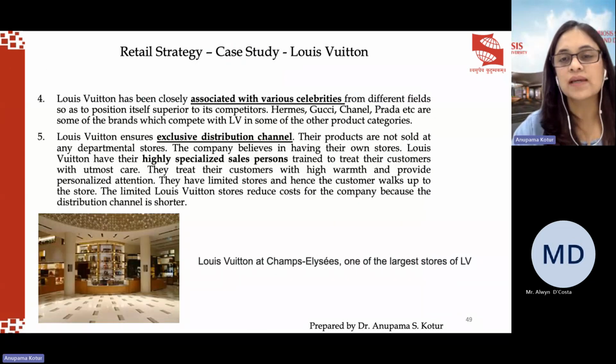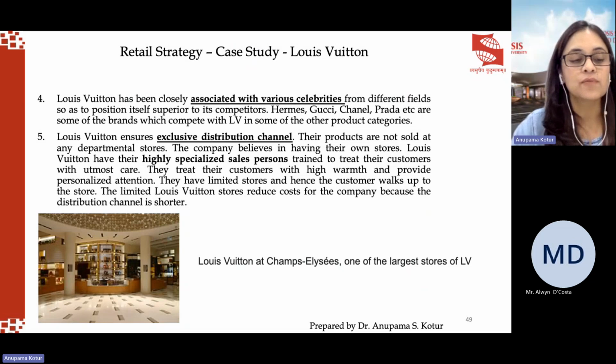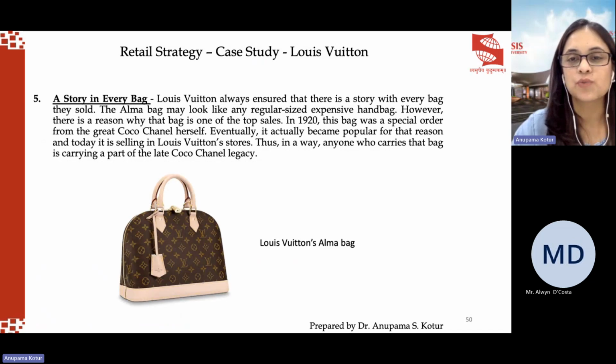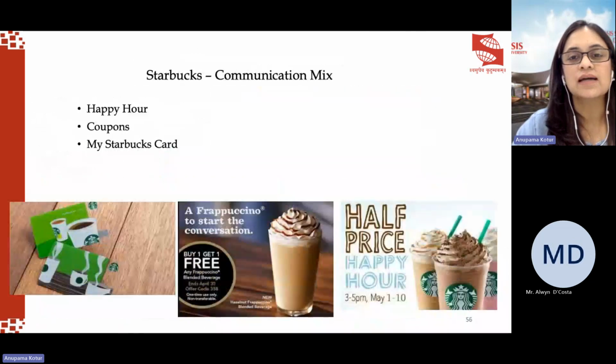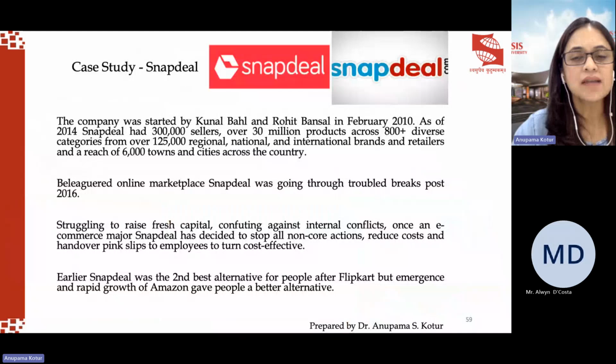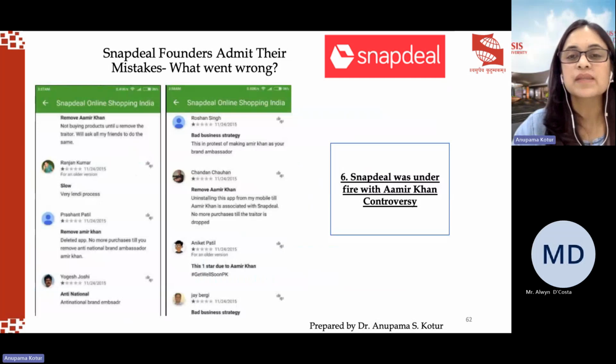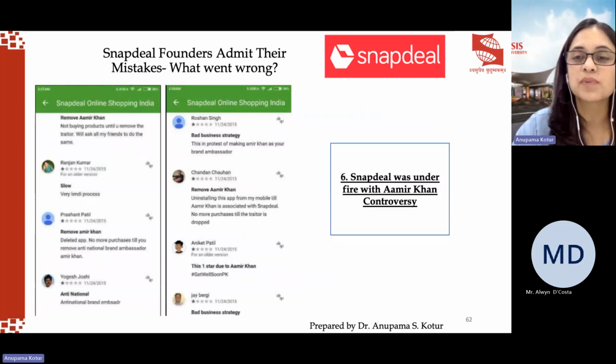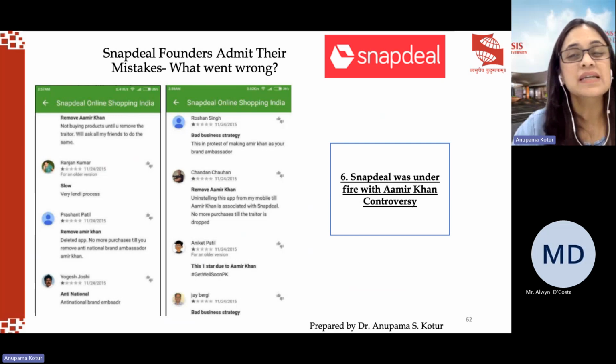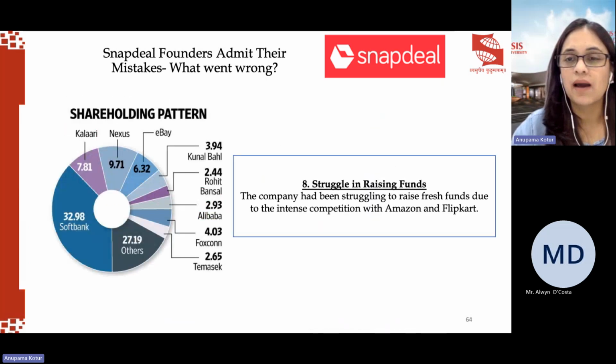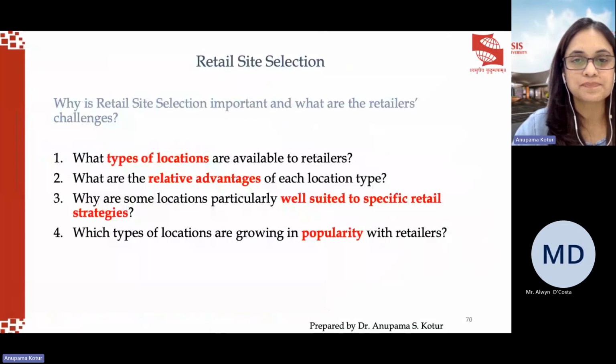And a brand that other brands usually look up to if they're looking for marketing inspiration. Of course there are some leading brands, and Louis Vuitton is one of them. The presentation has an example of Starbucks as well as Snapdeal from an Indian context. You will be able to see some of the good as well as bad moves that this brand made, leading to its downfall as they are here today.